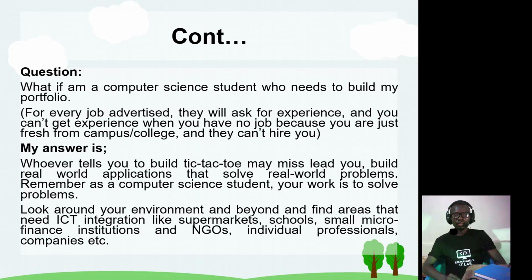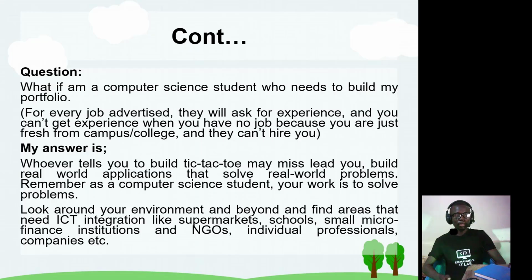So look out in supermarkets, check their operations. Go to schools, check their operations, from handling stock, then admissions, universities, check out colleges, then submitting results, reporting. So all those are things you can look out for. Microfinance institutions, NGOs, then individuals.